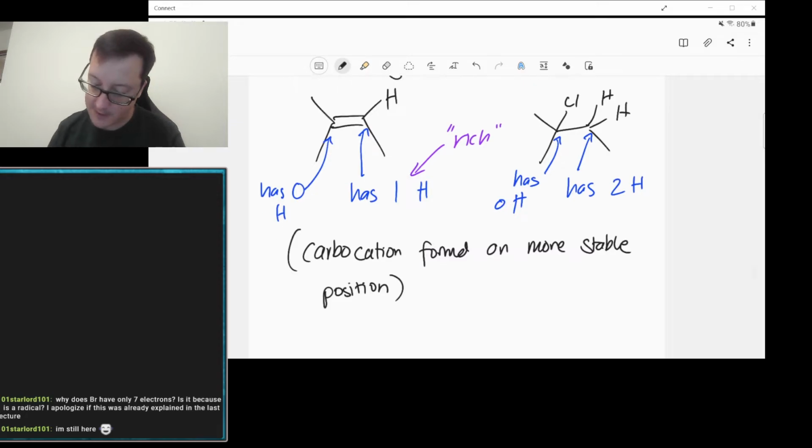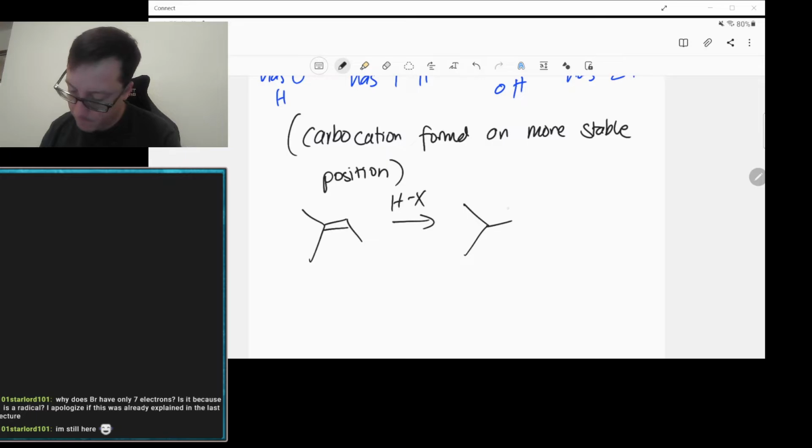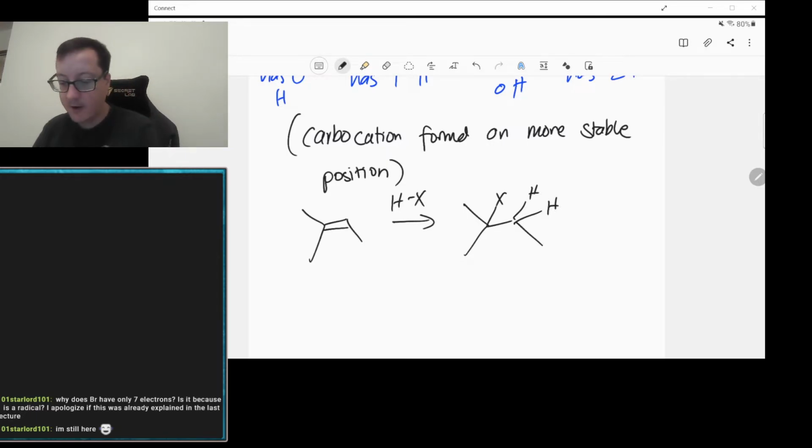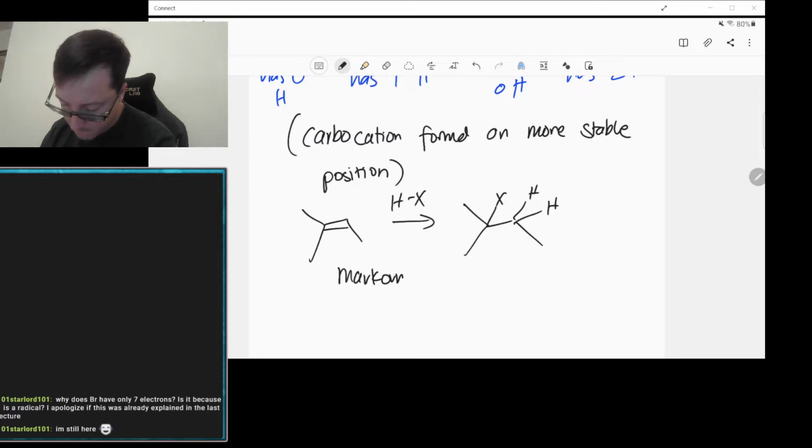So suffice it to say, again, we end up putting our halogen on the more substituted position. This is a Markovnikov hydrohalogenation.